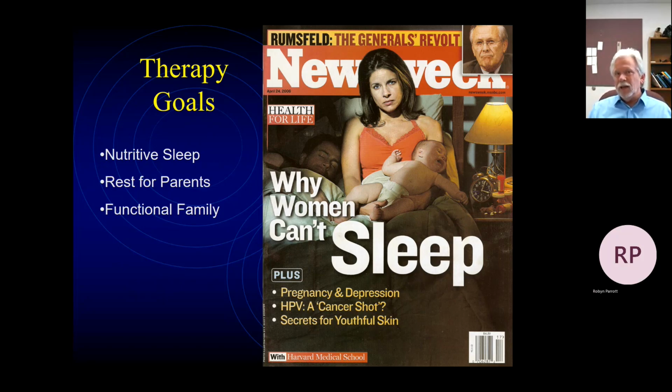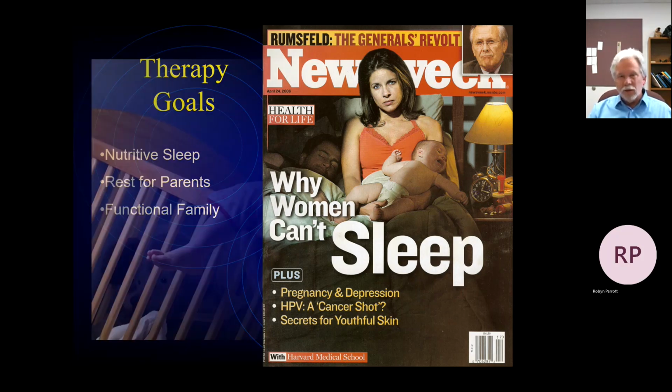And then lastly, we want a functional family. Sometimes that involves other things, including respite for the family, where the child may end up staying with a relative every other weekend or something, just to keep the rest of the family functioning well.